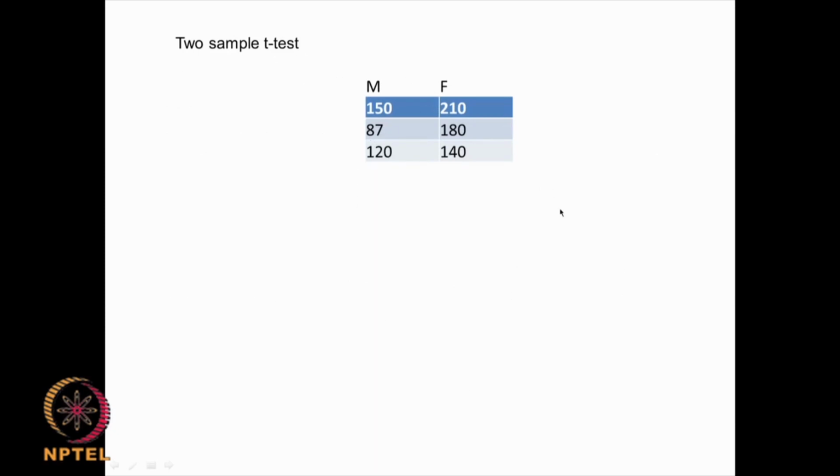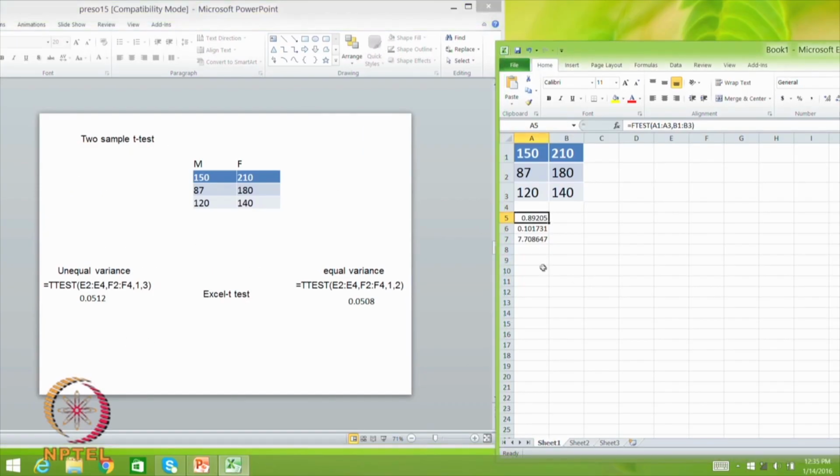Now we can also do it by 2 sample t-test, right. So we have one data set, another data set, so can we do it by 2 sample t-test? So you all know TTEST. Data set 1 comma data set 2 comma, whether it is one tail or two tail.